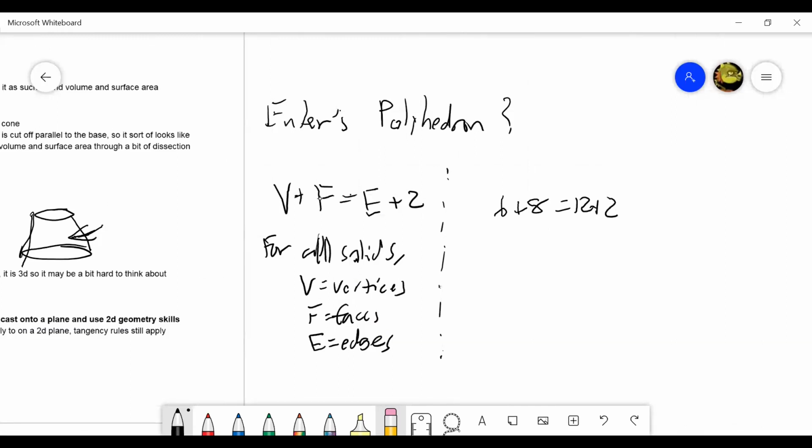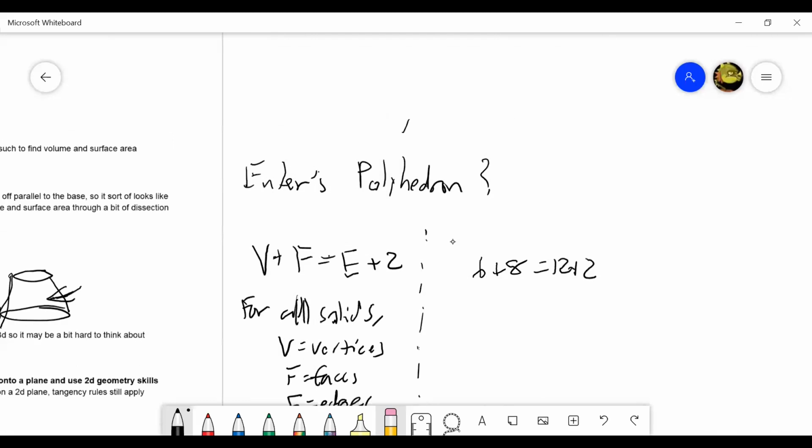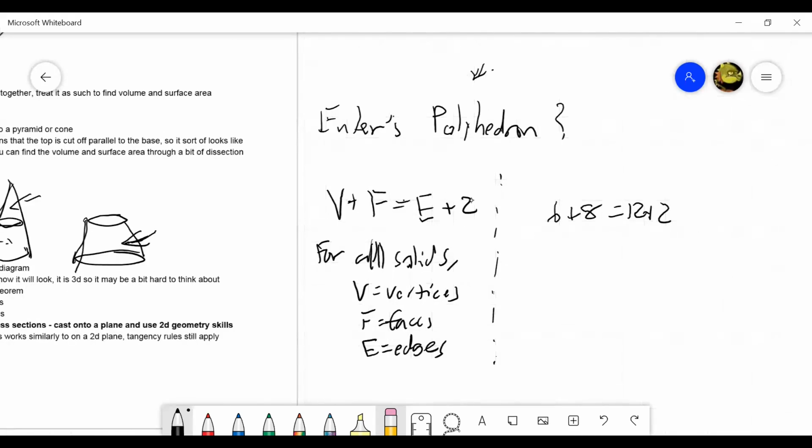So a cube works here. Oh, and I should mention that a polyhedron is kind of like a polygon solid. So it does not include spheres or anything with a curved face, only those with straight faces, like a polygon. So yeah, that is the last thing I want to talk about.